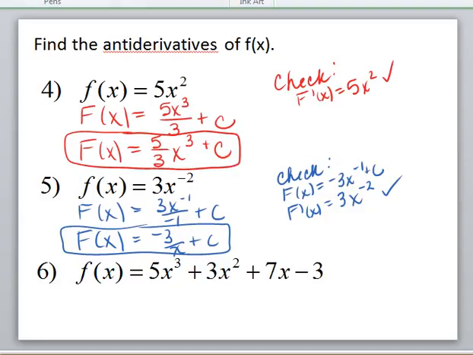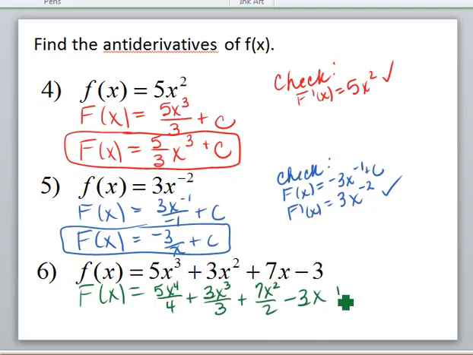The next one, the last one on this page, find the antiderivative. We have 5x to the fourth over 4 plus 3x to the third over 3 plus 7x to the second over 2 minus 3x plus c. I know I went through that very quickly, but I'm using the same rule every time. Keep the constant, write down your x, raise your power by 1, put it over that same power.